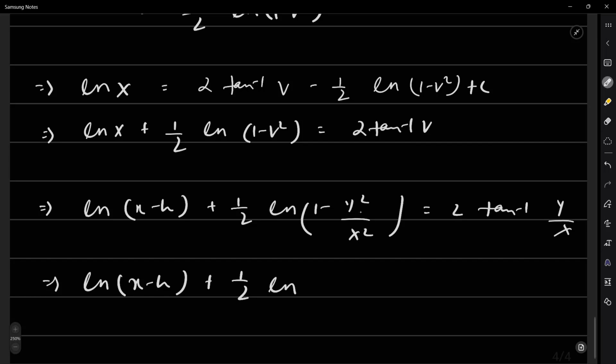Now y can be substituted as small y minus k, and x can be substituted as small x minus h.